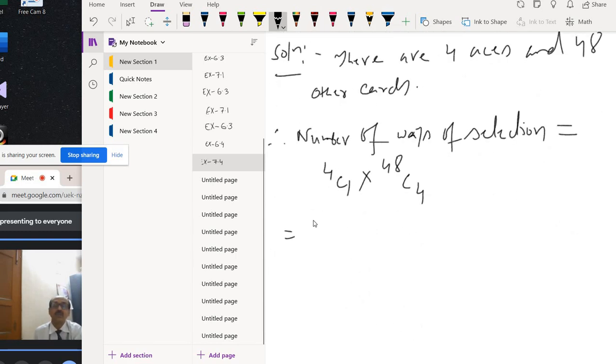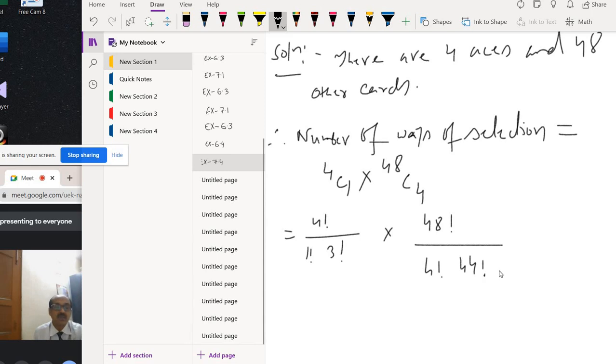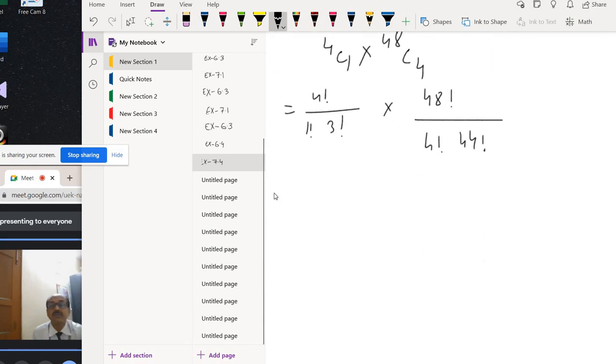So 4C1 means 4 factorial by 1 factorial into 3 factorial, into 48 factorial by 4 factorial into 44 factorial, since 48 minus 4 is 44. So 4 factorial cancels. Now 48 factorial by 3 factorial into 44 factorial. Or you can write 4 into 3 factorial also.